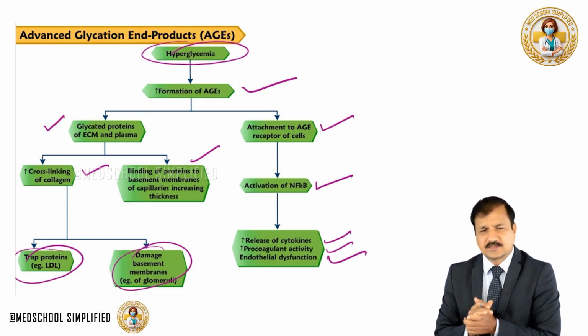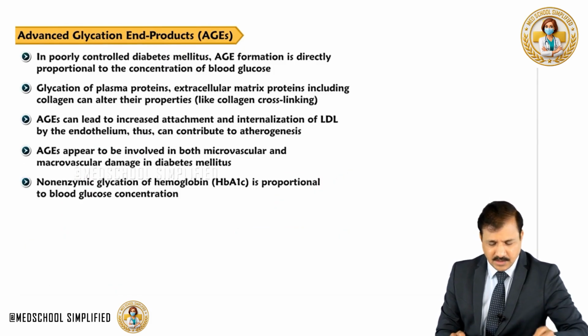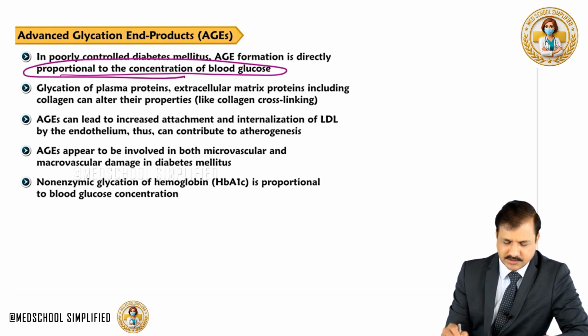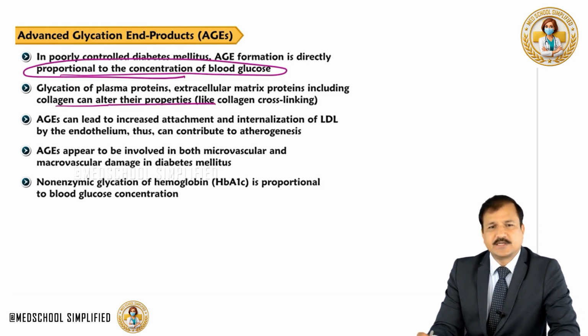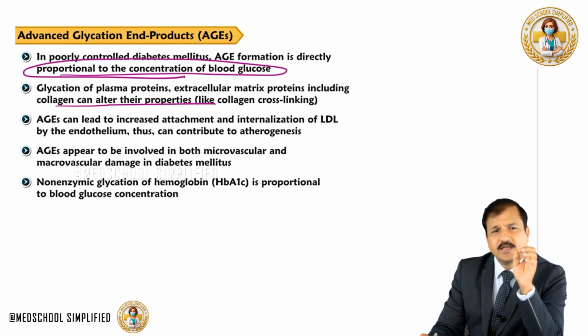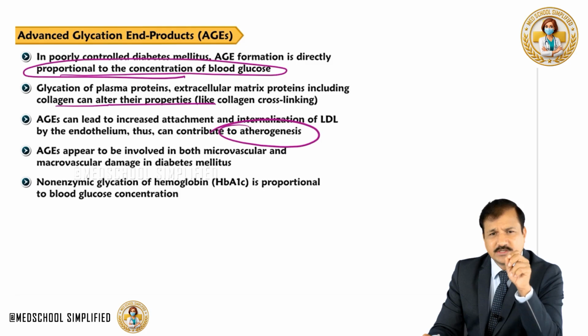So this kind of things may go on whenever there is excess advanced glycation end products. So in poorly controlled diabetes mellitus, AGE formation is directly proportional to the concentration of blood glucose. So glycation of proteins, extracellular matrix proteins including collagen can alter their properties like collagen cross-linking process. AGEs can lead to increased attachment and internalization of LDLs by the endothelium, and thus it can contribute to atherosclerosis.